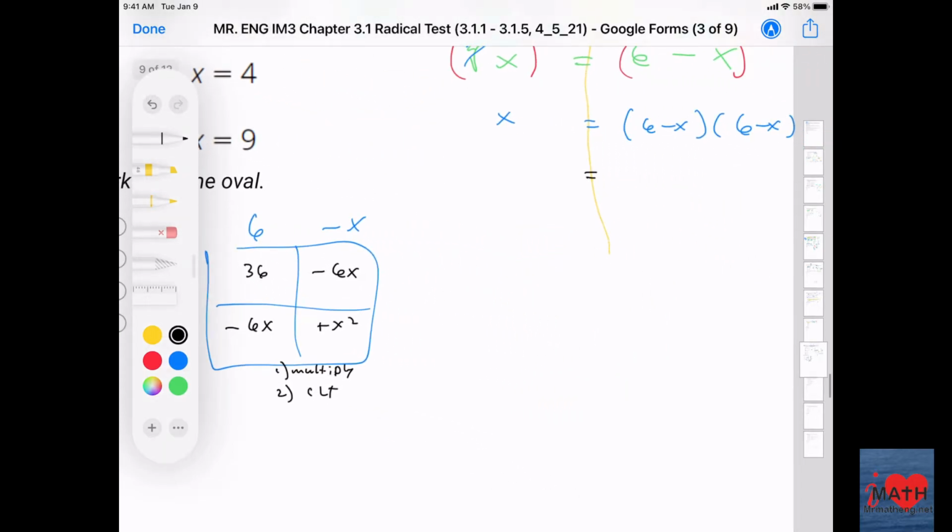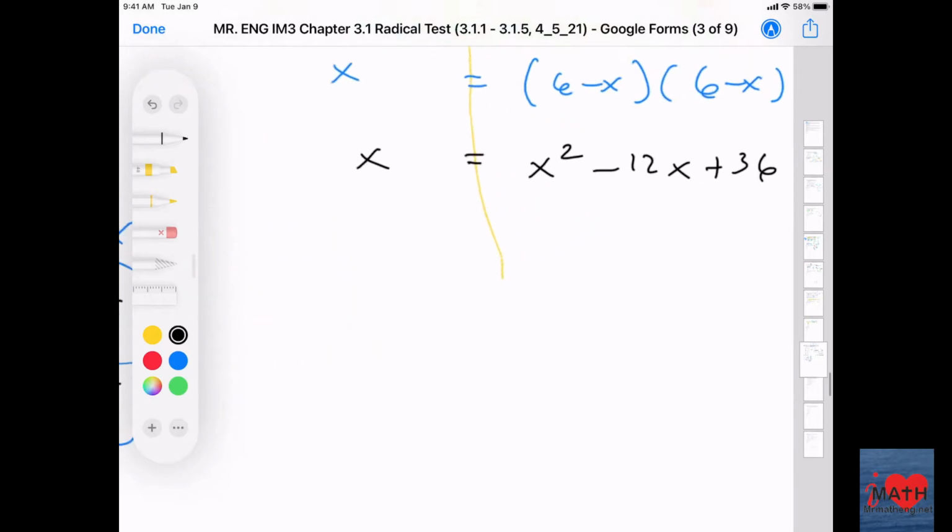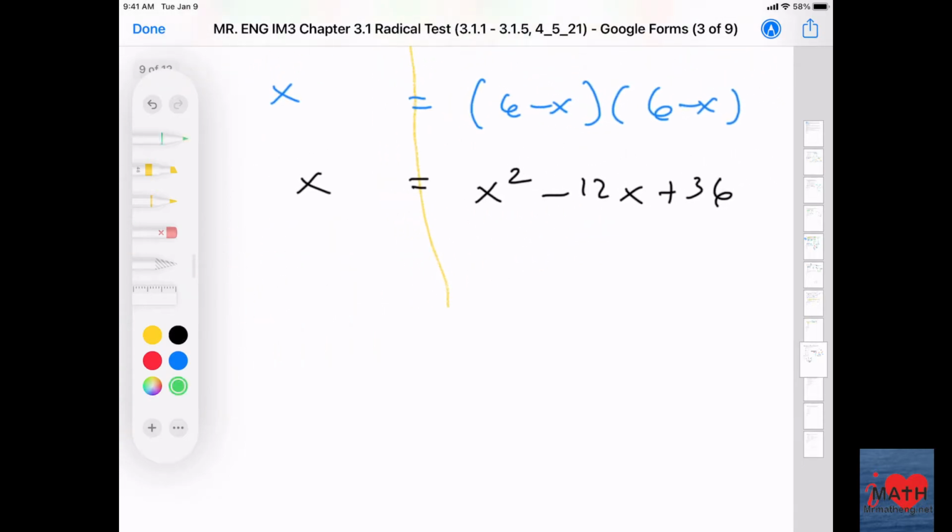So this would give me x squared minus 12x plus 36. To solve quadratics, we're going to have to get this equal to 0. So this gives me 0 equals x squared minus 13x plus 36.